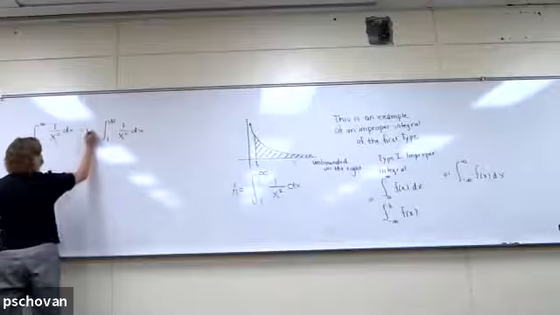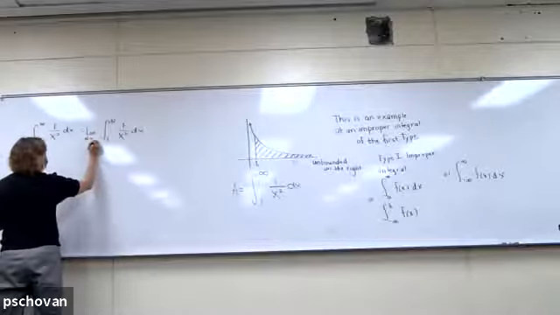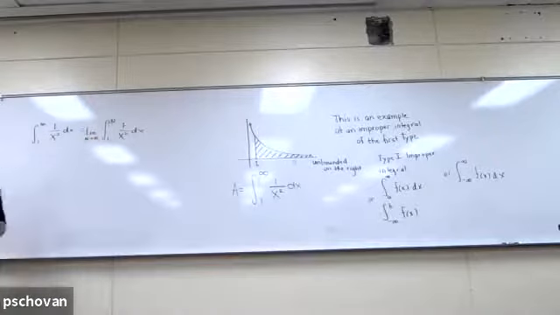And then once I get that antiderivative evaluated, I have a function of n, and now I let n go to infinity. To integrate 1 over x squared, you write that as x to the negative 2.